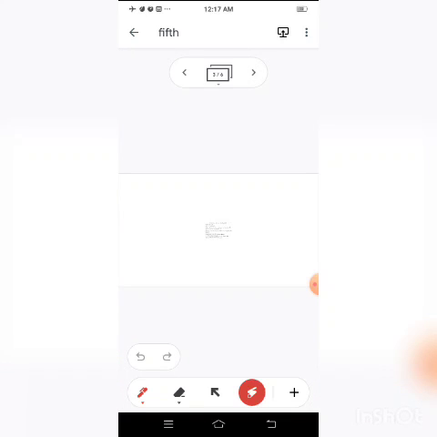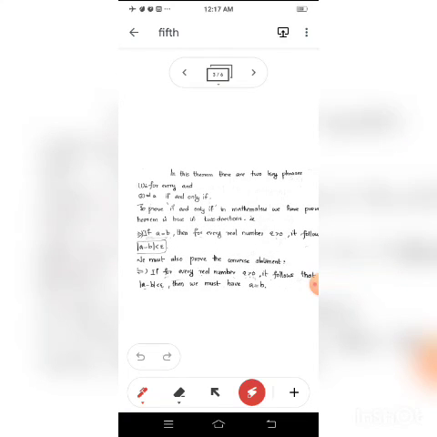In this theorem, we have two phrases. One is for every epsilon greater than 0, and the second one is if and only if. To prove if and only if in mathematics, we prove that the theorem is true in two directions.